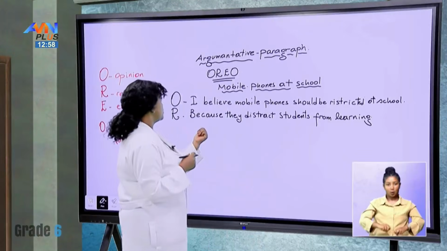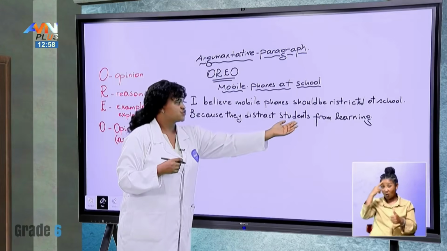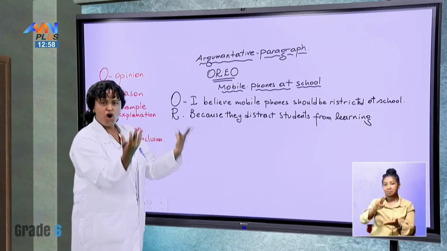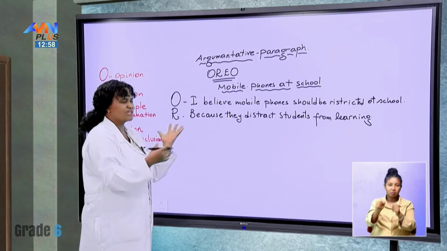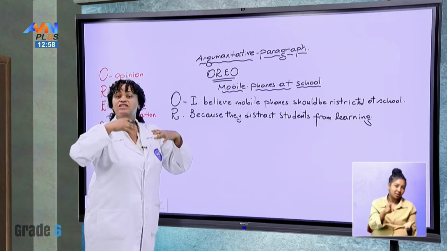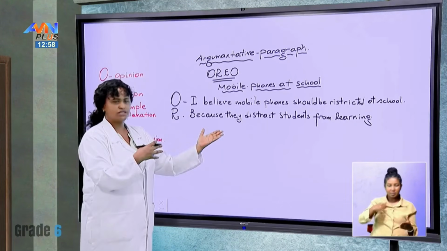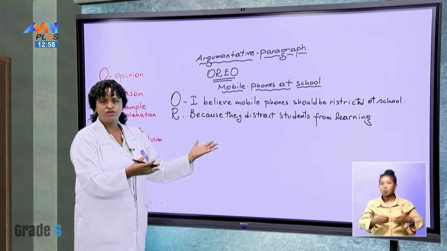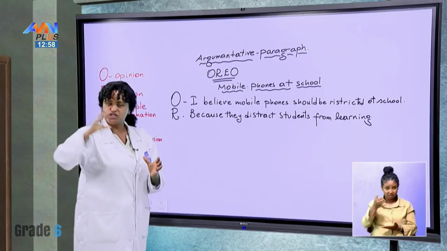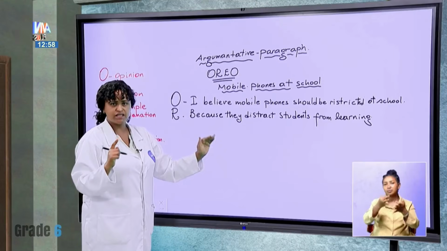Okay, now we give our explanation. What do we say? Because they distract students from learning. All right. You can give more explanations here, by the way, more reasons here. You can tell what feelings they create in the classroom. Maybe when it rings loud, or students' attention might go to the mobile phone instead of the teacher. You can say a lot of things here, not only a single sentence.